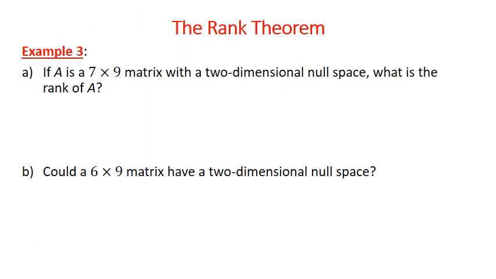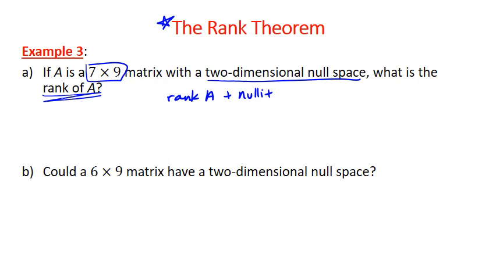So let's use the rank theorem and talk about what's going on. You'll see problems like this in your homework as well. It'll say, if A is a 7 by n matrix with a 2-dimensional null space, what is the rank of A? So we're going to use the rank theorem, and I want you to remember the rank theorem says rank A plus the nullity of A, and that's just the dimension of the null space, is equal to n.